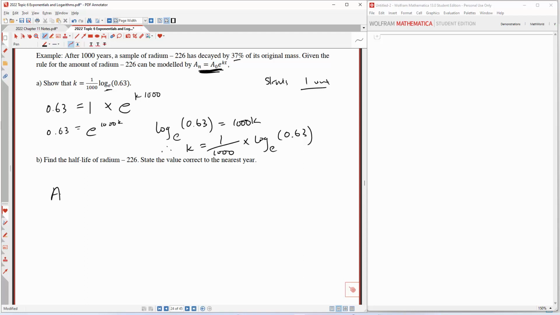A of t equals A naught, which is 1, times e to the k, which we've just found is 1 over 1,000 log e 0.63, times t. This is how we're going to find the half-life, using this formula, and it's going to be when 1 becomes 0.5.